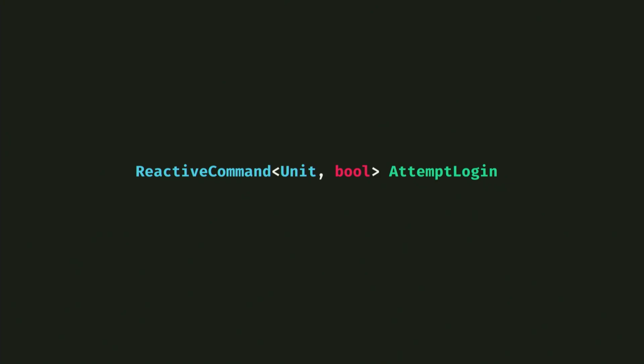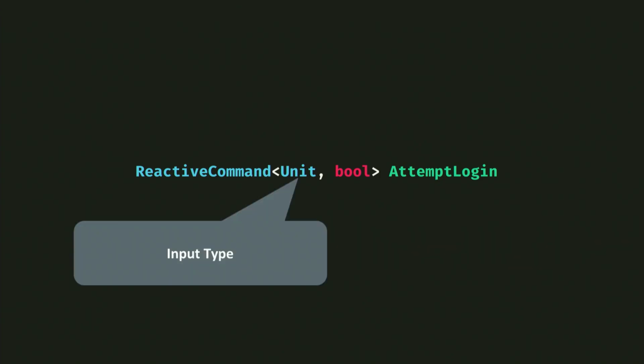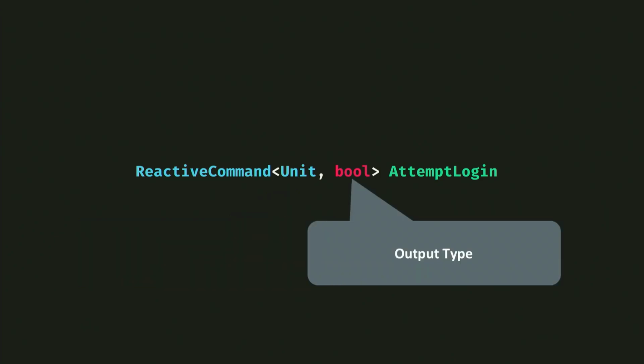If you've never seen this type of Unit before, if you're not familiar with Reactive Extensions, Unit is kind of like a void notification. It's saying, hey, something happened. You shouldn't care about this payload whatsoever, though. I'm just letting you know that something happened or that somebody's notified you. And that's our input type. The second parameter there is our output type. So this is the data that's going to flow out of our command once it completes running.